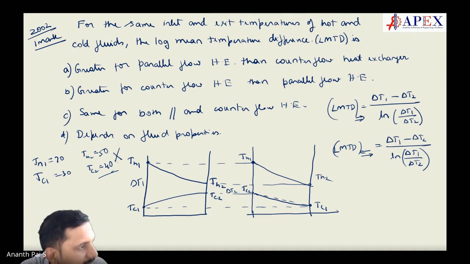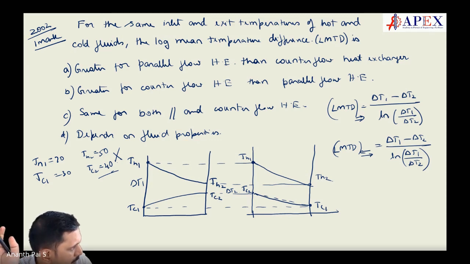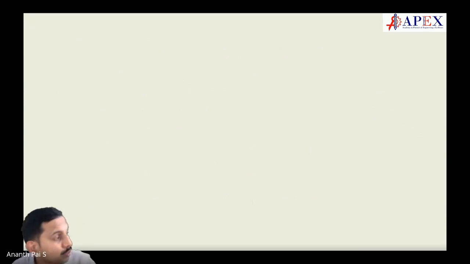Then I think this can be proved. But it's okay. It's a general case that counter flow will be higher for the same. So you can take this as a theory. You cannot have TC2 greater than TH2. Fine. Next question. Take it as a rule.